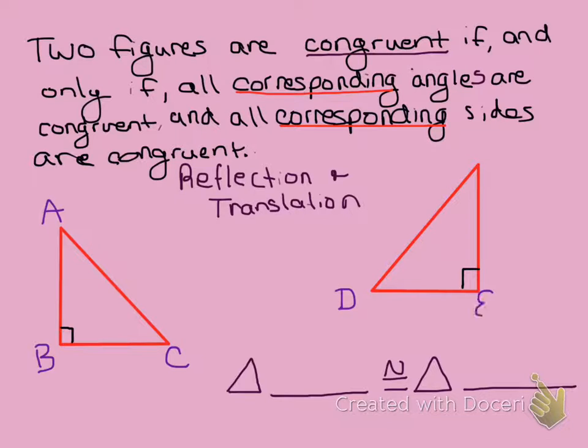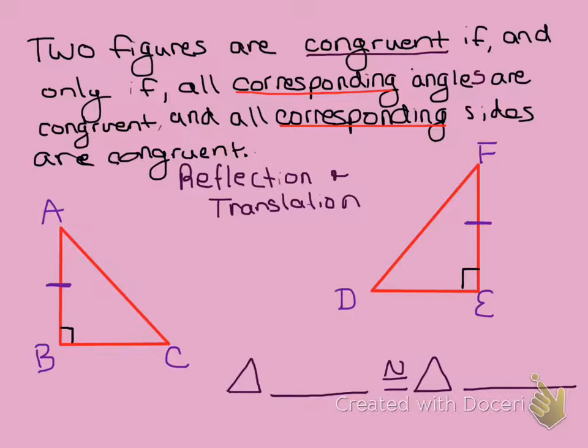D, E, F. Now, when we talk about corresponding sides, we talk about the side in the original image, or the pre-image, as you probably learned it last year, and the side that it is now in the image. So let's look at AB. We'll put a mark in here. AB, after we have reflected and translated the figure, corresponds to side FE.